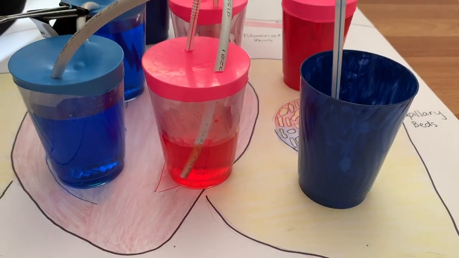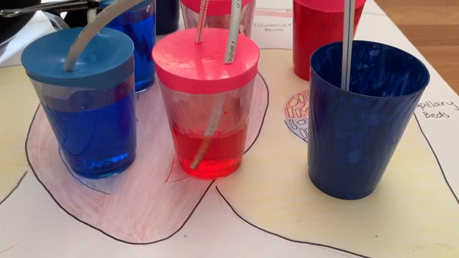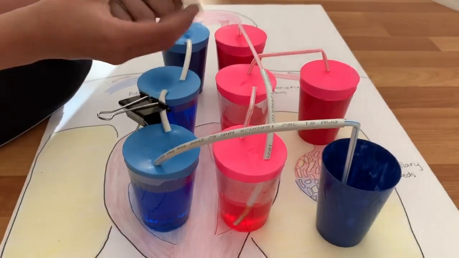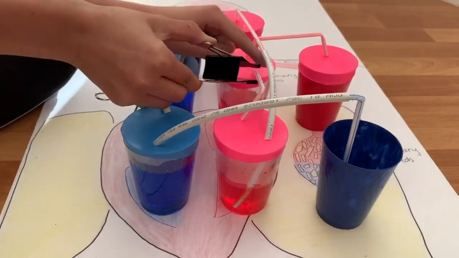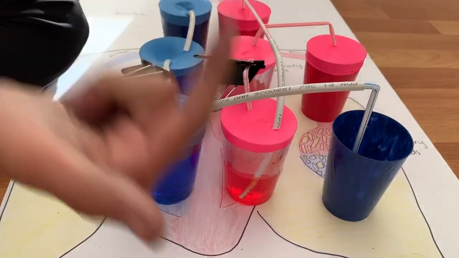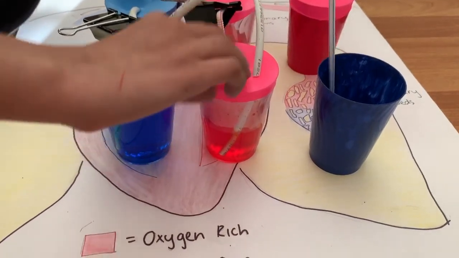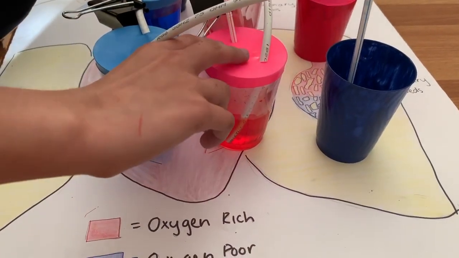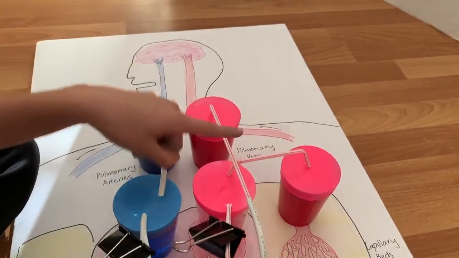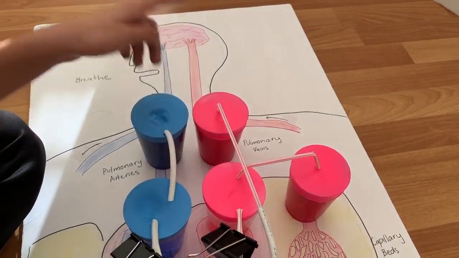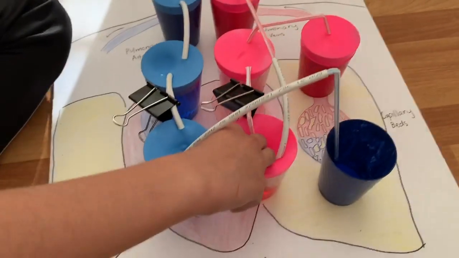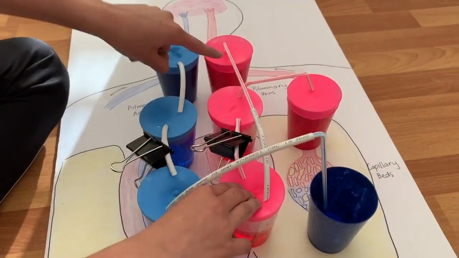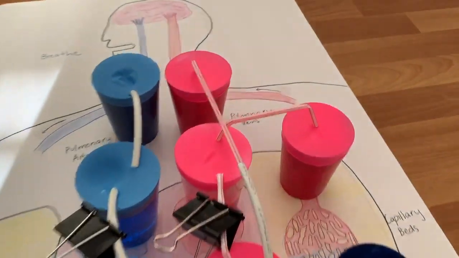And now this binder clip represents the mitral valve, which prevents backflow into the left atrium. And from the left ventricle, it moves the blood all the way through the aortic semilunar valve and then to the aorta, going to the rest of the body. So as you can see, the water is going to the aorta.